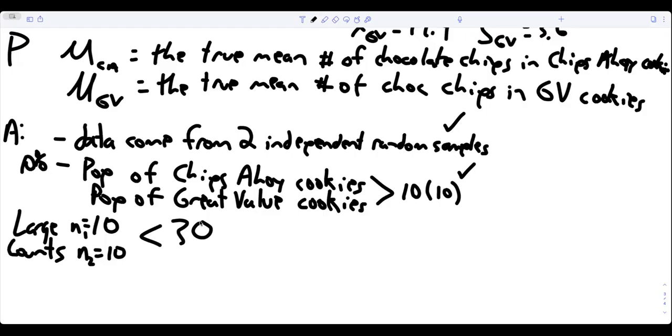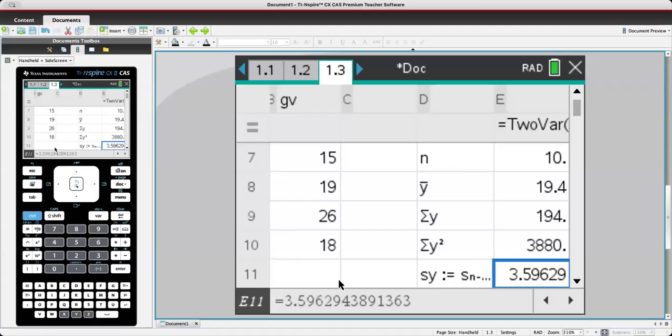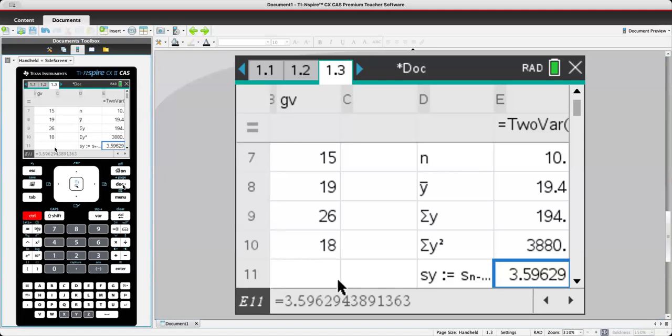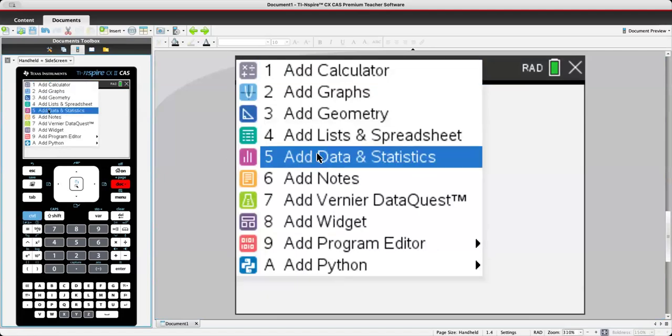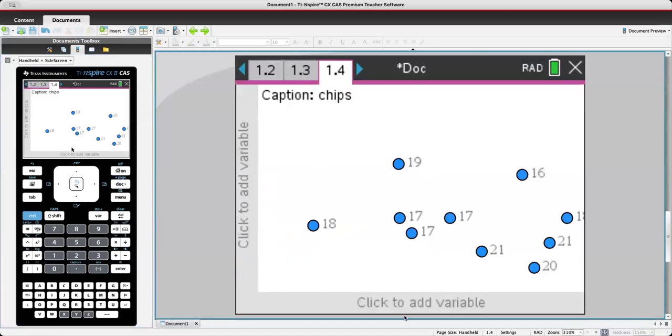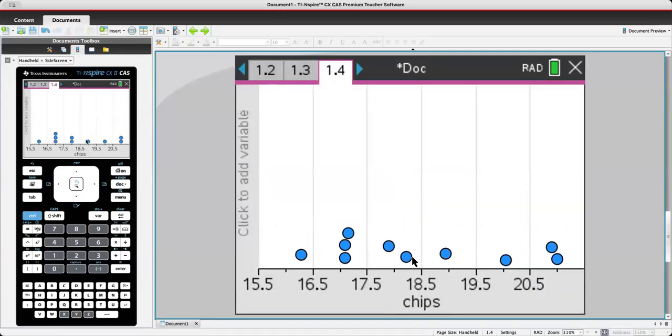All right, so I'm going to go back to my calculator here. And I am going to add a page. So let's go Control, Doc, add data and stats. And then we want to click to add variable, and I'm going to put the Chips Ahoy on there, and it looks okay, I think.